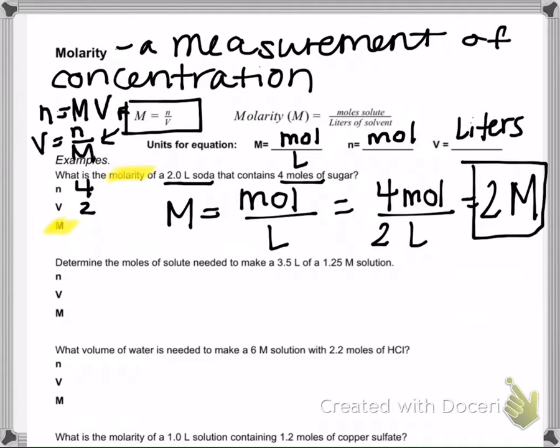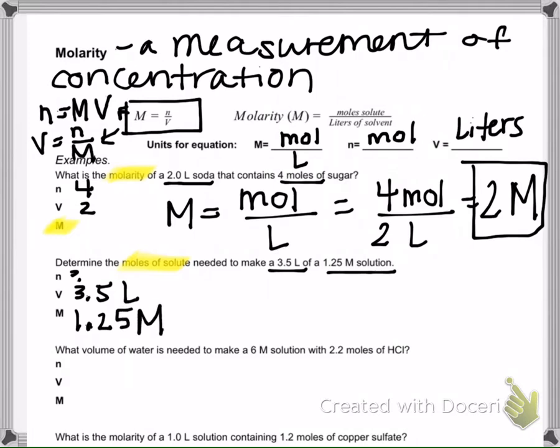The next one, determine the moles of a solute. So I am looking here for moles of the solute. So this guy I'm looking for. And my volume is 3.5, and my molarity, my concentration, is 1.25 molar.